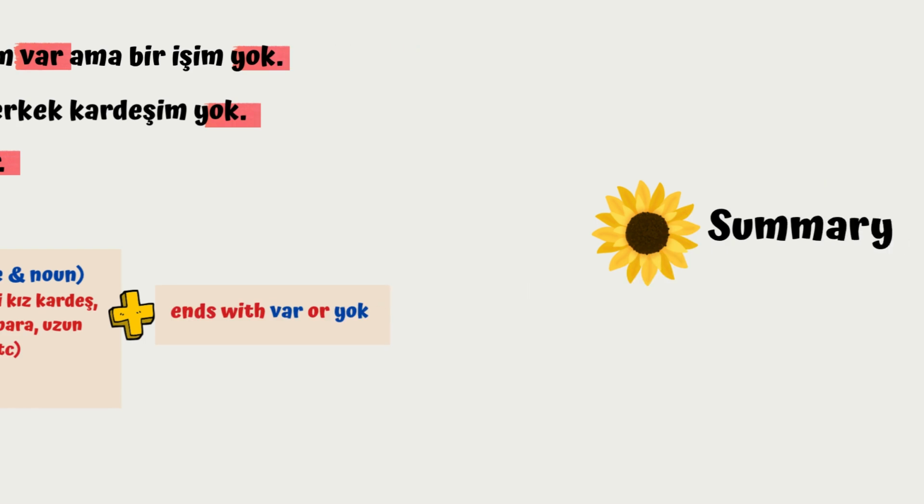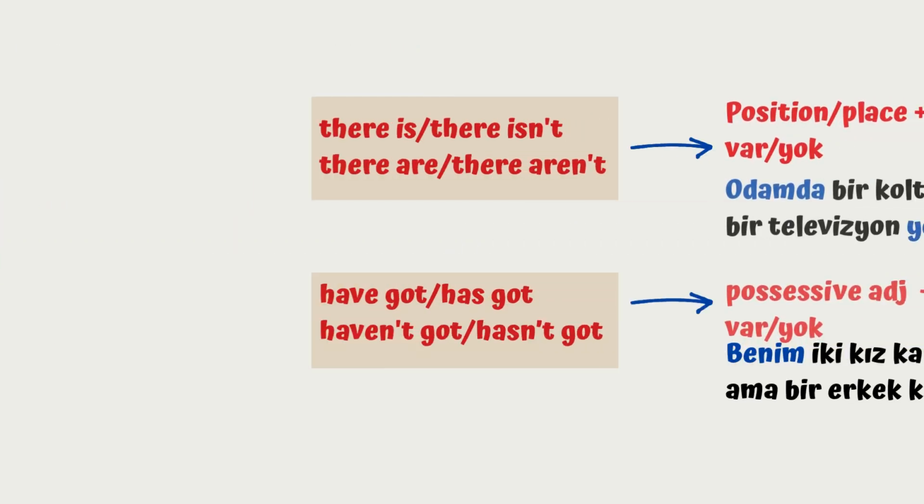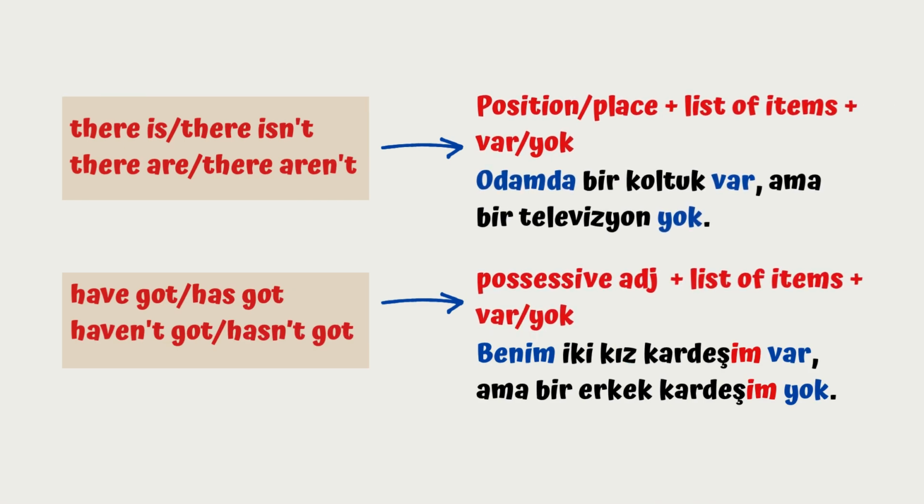Okay, so let's summarize these 2 uses, forms and meanings. Like we have discussed, var and yok might mean there is or isn't, or there are or aren't. In this case, the sentences will start with a position or a place, end with var or yok, and in the middle you're gonna list the items. Like in this one, odamda bir koltuk var ama bir televizyon yok.